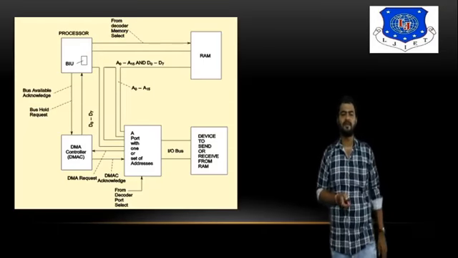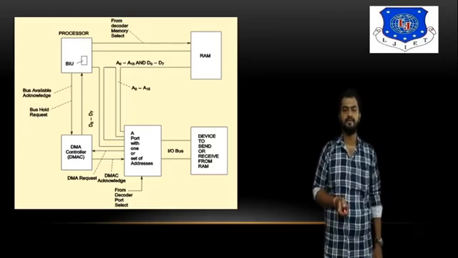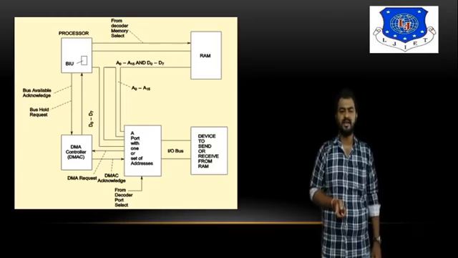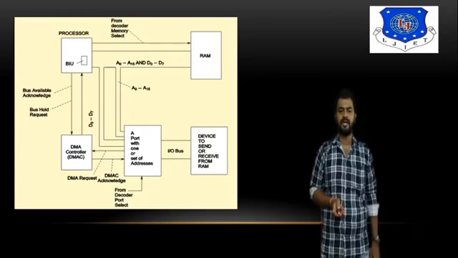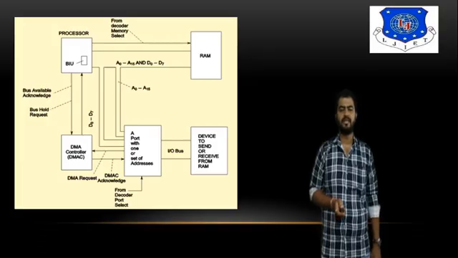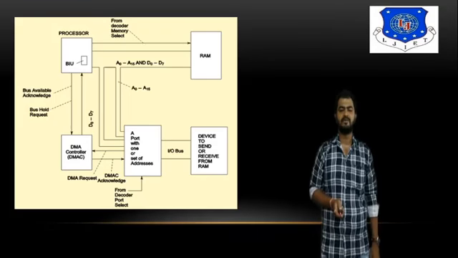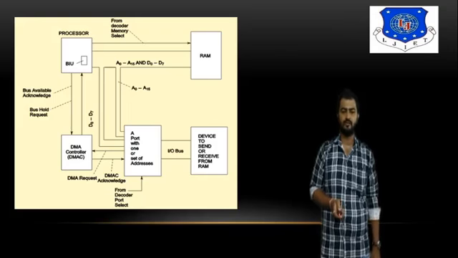As you can see in this particular example, the RAM is over here, the processor is over here, the DMA, and the port it wants to communicate with, and here is a device to send or receive from the RAM. You can see the processor is over here and the memory is also connected over here. The main work of direct memory access is that it directly communicates between the RAM and the port.